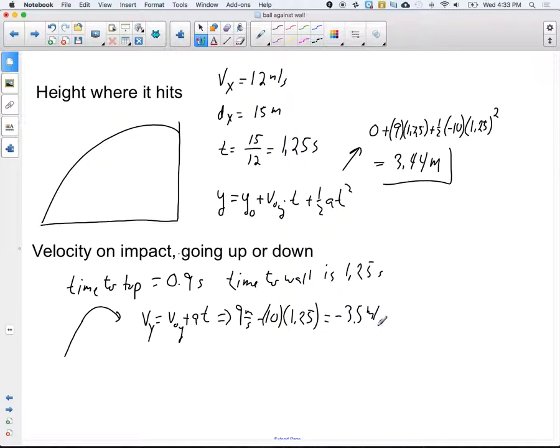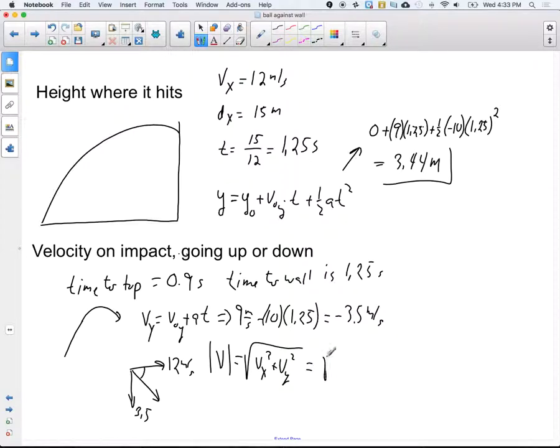So if you imagine now I have a vector in the x direction of 12 meters per second, and a velocity in the y direction, not drawn to scale, of 3.5 meters per second, then the magnitude of the velocity is the square root of vx squared plus vy squared.